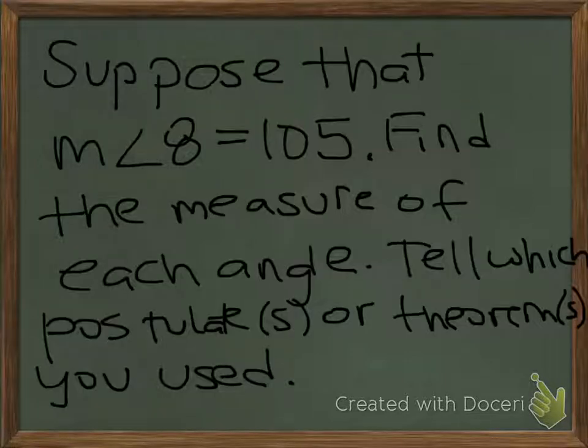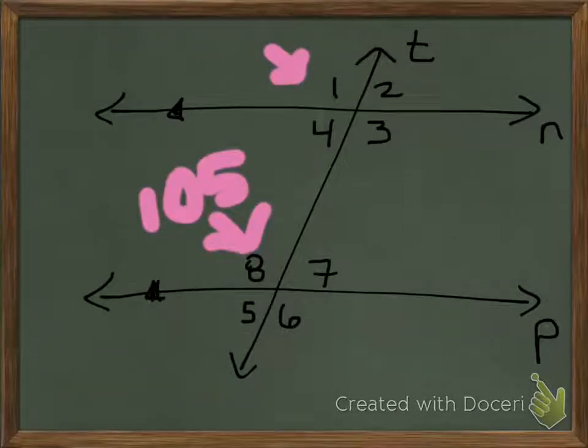Now the next angle we need to find is angle 2. If we know that angle 1 is 105, angle 1 and angle 2 make up a linear pair, or you can talk about this with the supplement theorem, which we've already learned in the last chapter, which means that a linear pair will add up to 180.